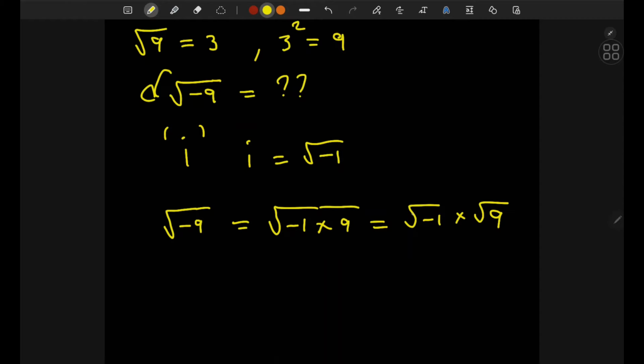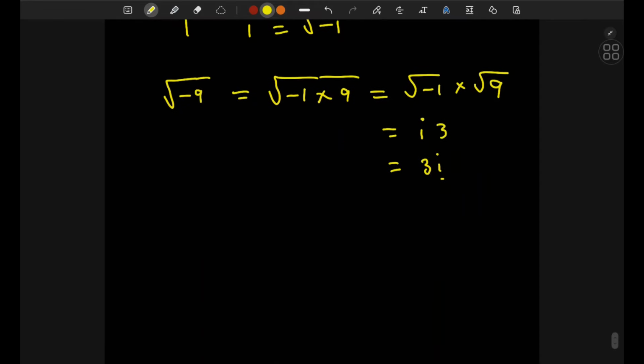So remember, the square root of -1 is I, so we'll have I, and the square root of 9 is 3, so our answer will be 3I. So from this we see that this I is our imaginary number, and we'll be using such in finding the square root of a negative number.